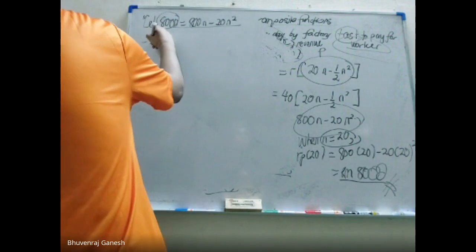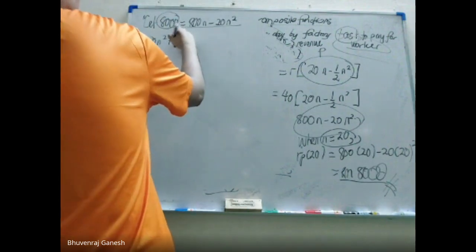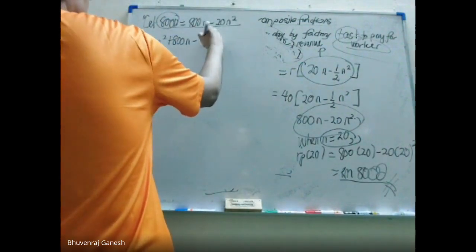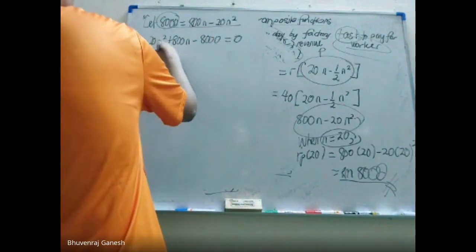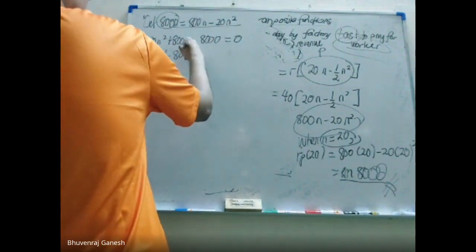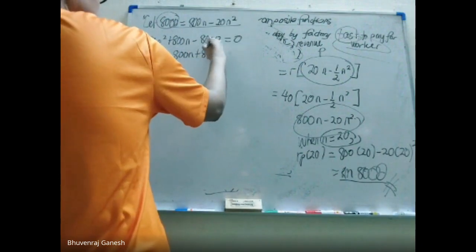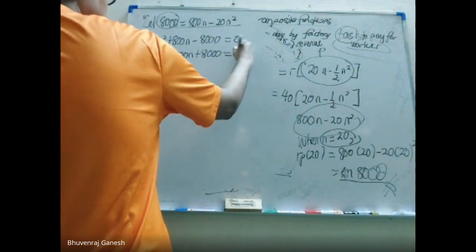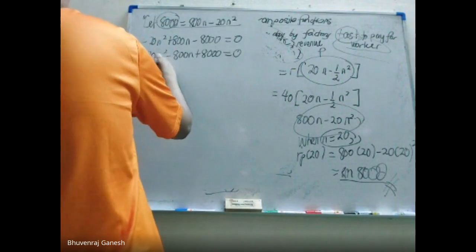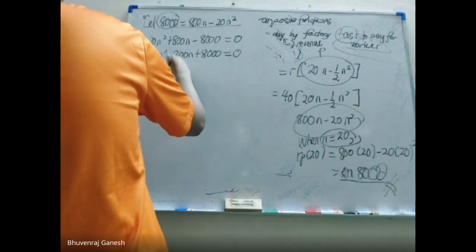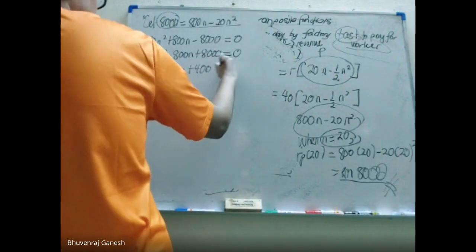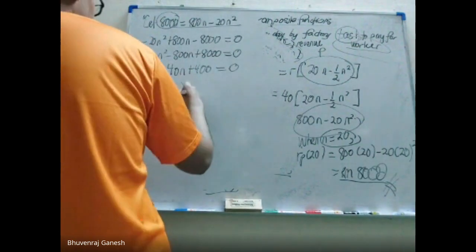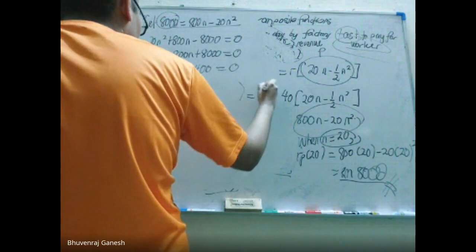So you will get negative 20n squared plus 800n minus 8000 is 0. So I make it positive. Then I factorize, I will get (n minus 20)(n minus 20) is 0. So this you can use simple factorization, not the quadratic formula.